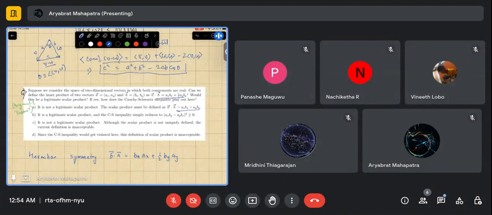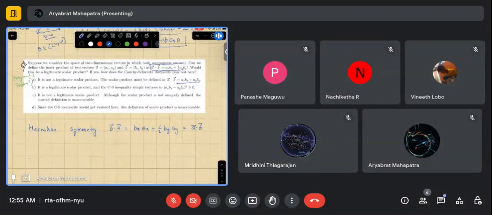I just use this definition of inner product, flipping the places of the two vectors. You see that the form I'm getting here is the same thing as A dot B.